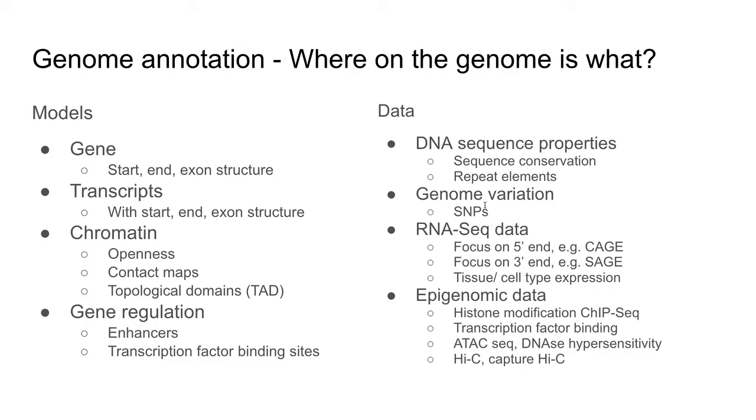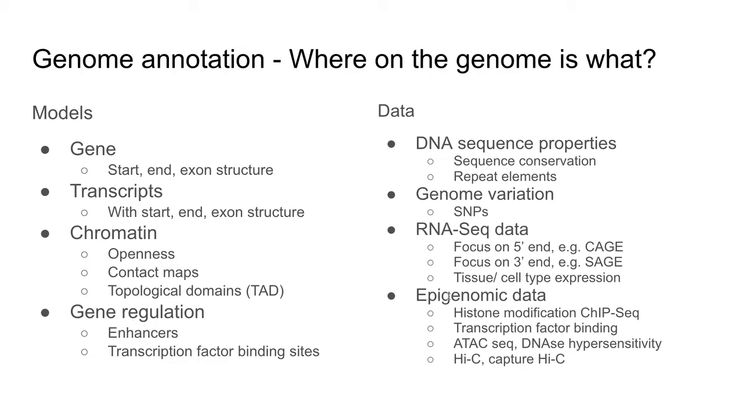You can look at genome variation, so we can indicate specific positions where we have known single nucleotide polymorphisms, or SNPs, and they might be related to certain diseases. We can indicate DNA sequence properties, for example, which parts of the genome are conserved across species. We can indicate repeat elements in the genome.